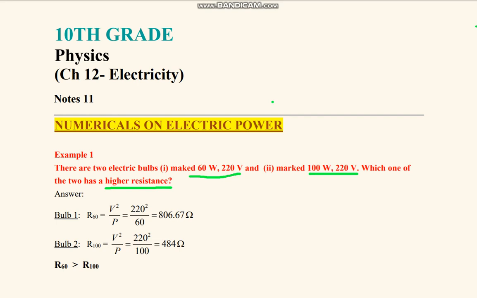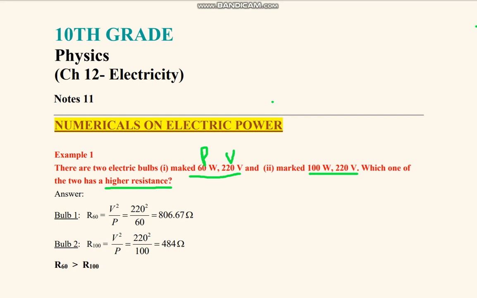Now, whenever you are given the power rating, it means you are given the potential difference and the power. That is, if this bulb is connected to a 220 volt source, it will consume a power of 60 watt. That is, it will consume 60 joules per second of energy.